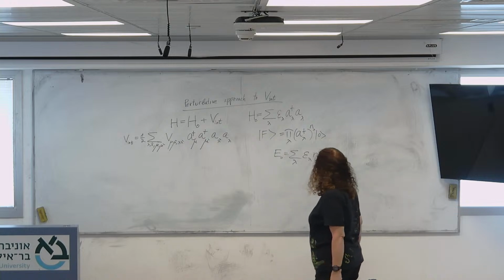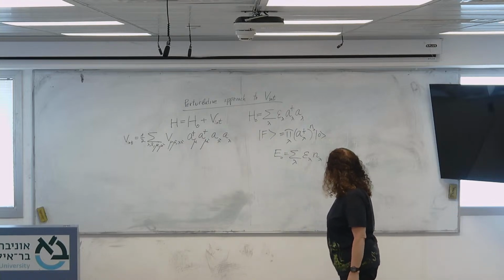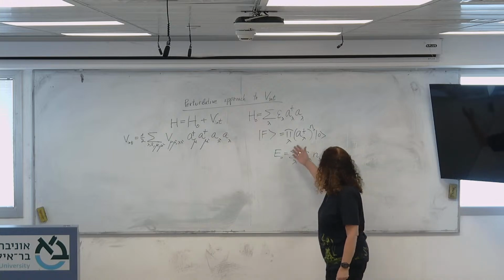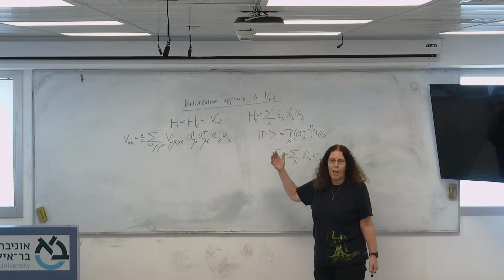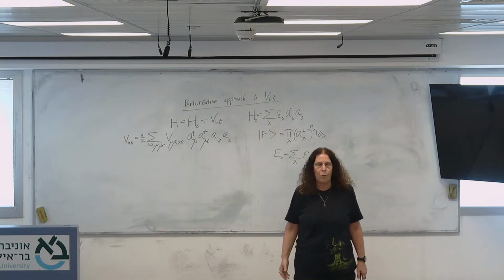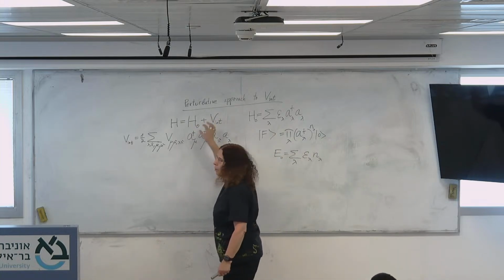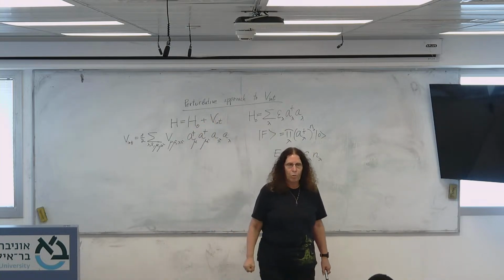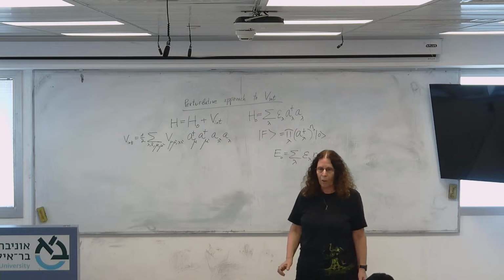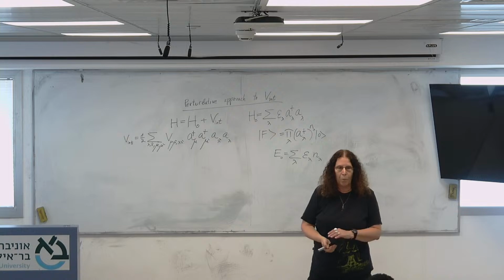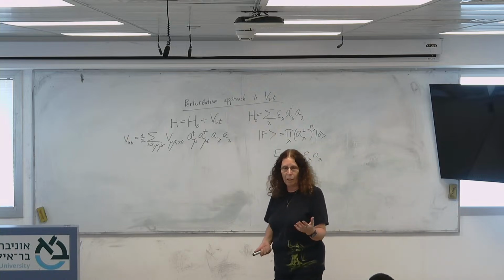And now the problem is that obviously it doesn't look like a pure single Fock state can be a ground state of such a Hamiltonian if I include both terms. So what I want to do is to do perturbation theory on V interaction. And in perturbation theory, what will be the correction to the energy, for example?